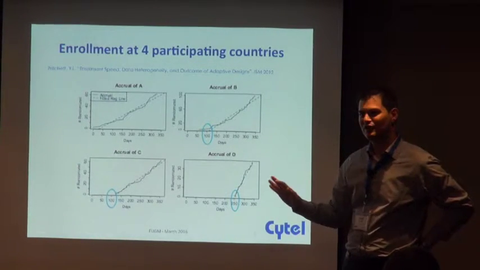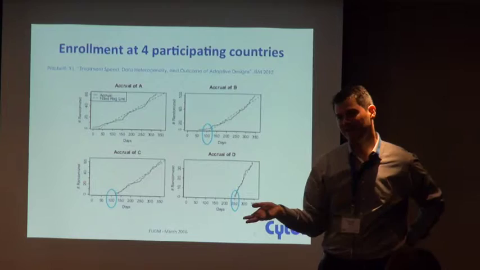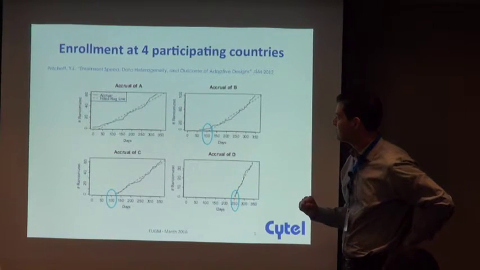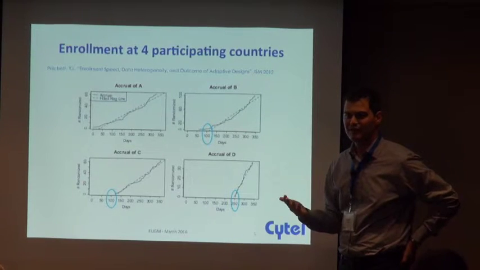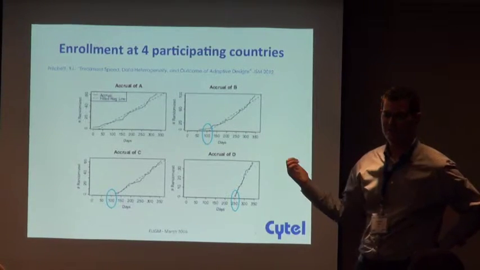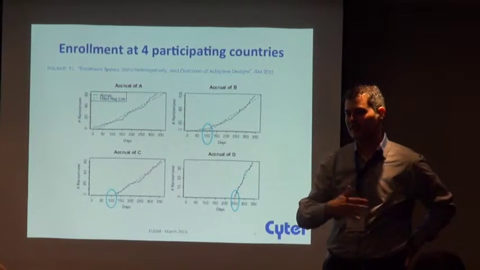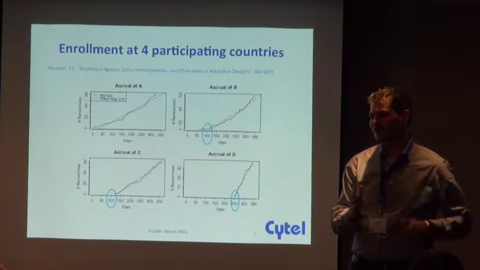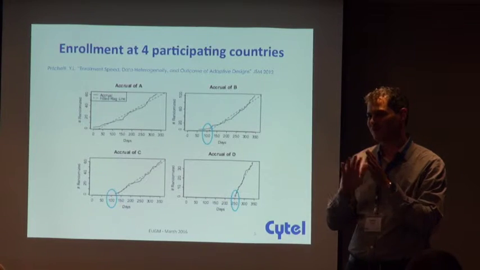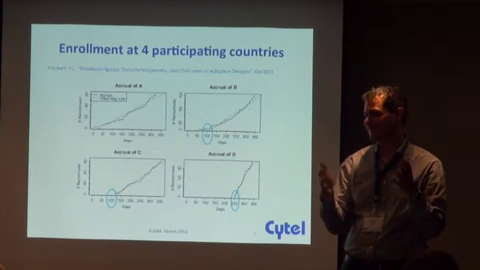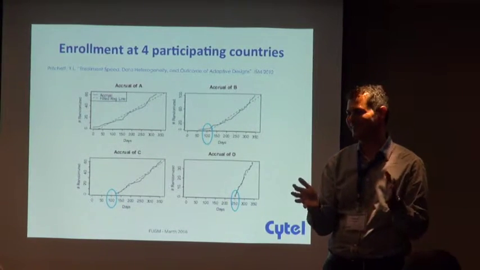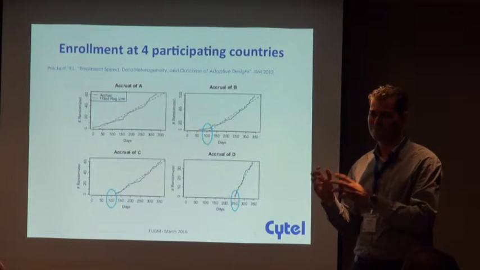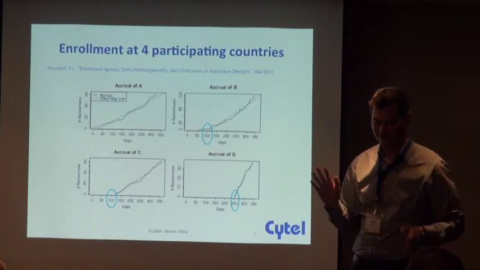So there's considerable variation between sites, of course, but between countries. And ideally, in her slides, she shows the ideal pattern for an adaptive design is whenever the interim analysis is about to show up, you sort of slow down accrual, which is very difficult to make happen in practice, but ideally, you slow down so that you can make your decision, and then you pick up accrual again.